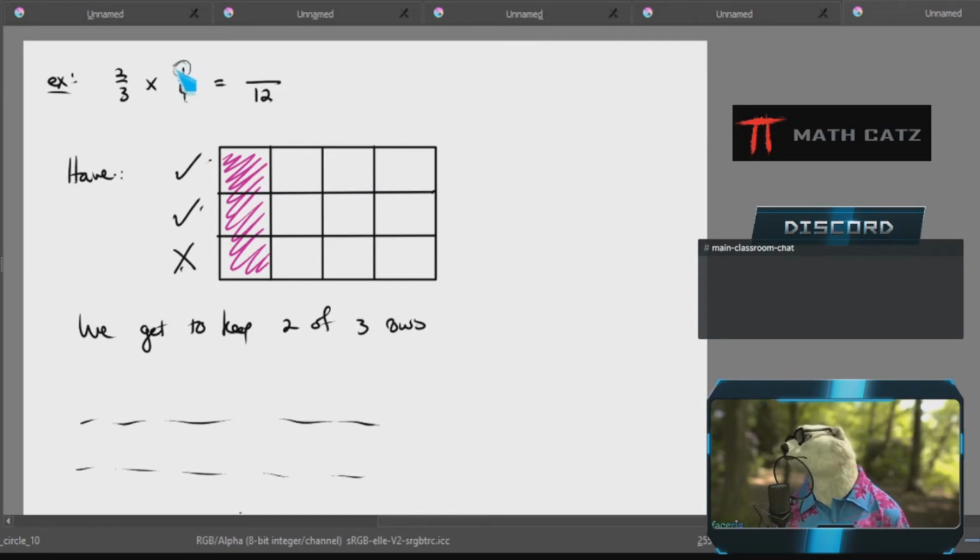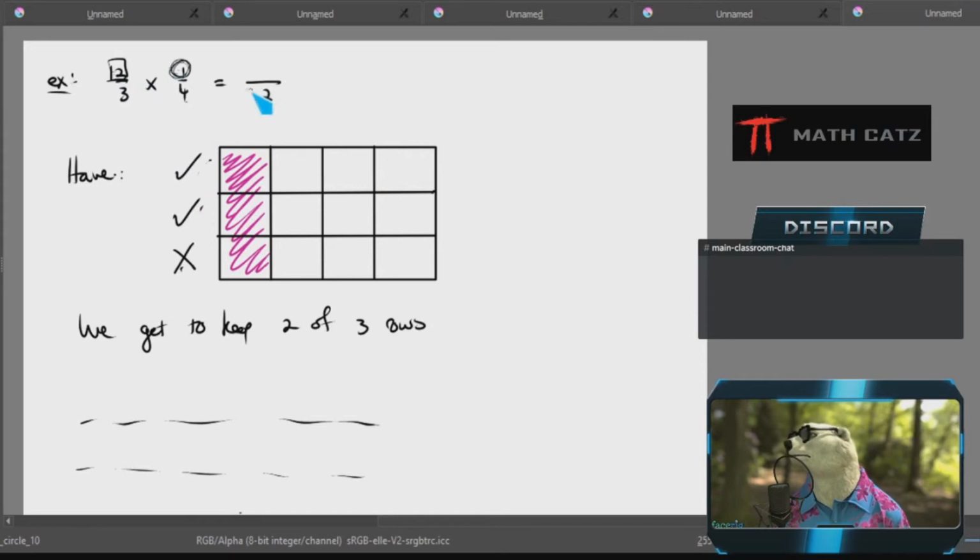Whatever this numerator is for the second number, the pink one, I would have that many columns, right? 1, and I have 1 column. 2, and I would have 2 columns. 3, and I would have 3 columns. I then take this many rows, which means I multiply the number of columns by 2 in this case. It's going to be the product of these 2.